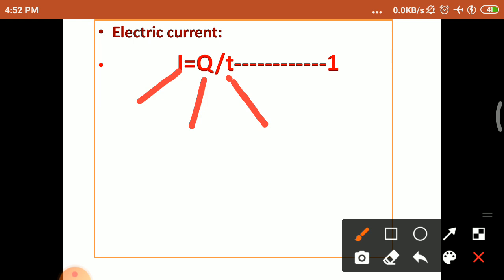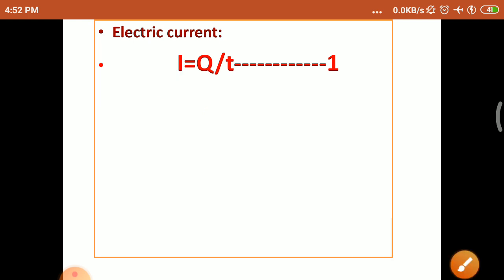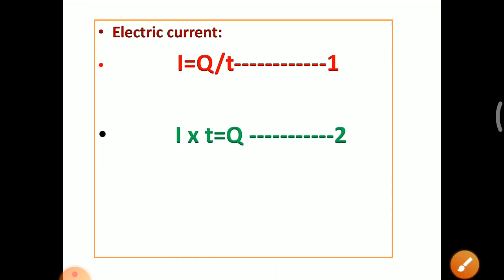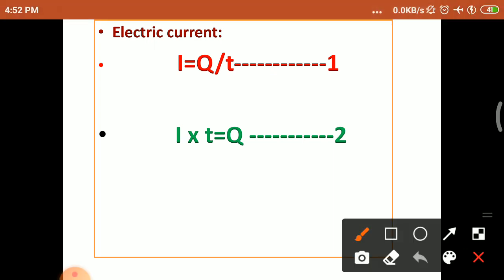So from this equation, we can create three equations. I equal to Q by T, normally we know that. So from this we can write Q equal to I into T. When the T comes to this side, I into T. So the Q formula is I into T.